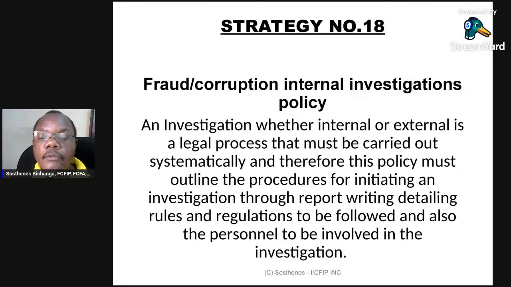E. Allegations of all sorts of financial impropriety. F. Nepotism, tribalism, and racism. G. Undue discrimination against a staff or a group of employees. And H. Many more related cases that the organization may deem fit to include.